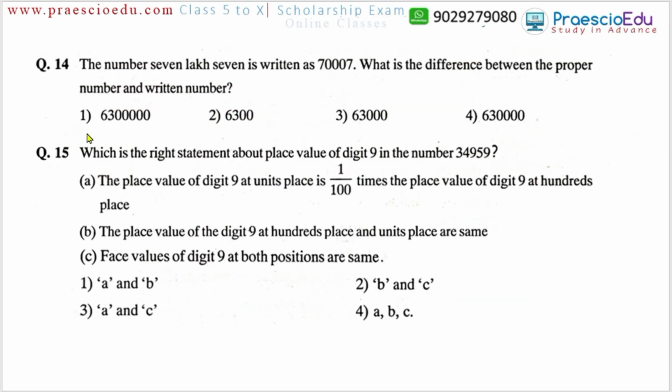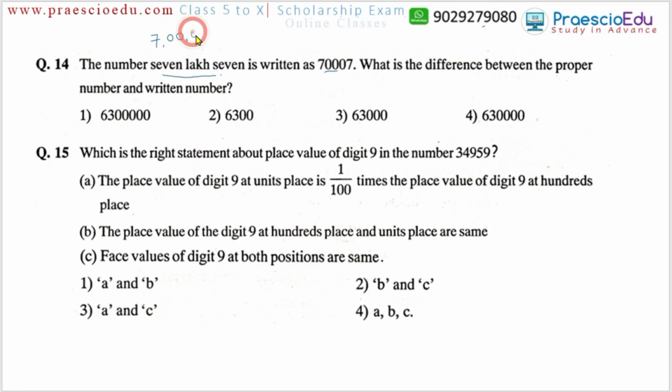So next question, question number 14. The number 7 lakh 7 is written as something. What is the difference between the proper number and the written number? See, in words, 7 lakh 7 means 7, then 10,000, then 1,000, 00, and directly 7 is given.